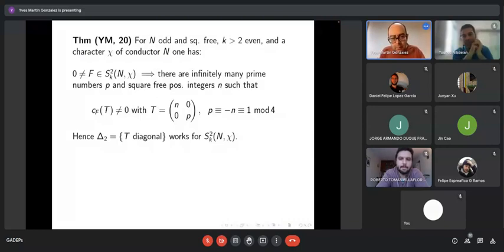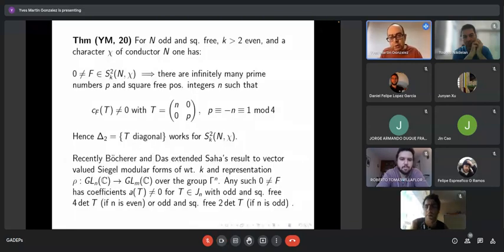Something else. Recently, Böcherer and Das extended Saha's result, but now for Siegel cusp forms which are vector valued. So they are functions that go from H_n, not to C, but to C^n, a vector of values, not just one.